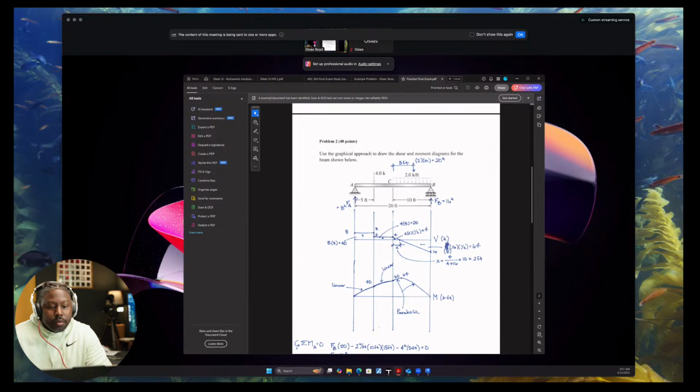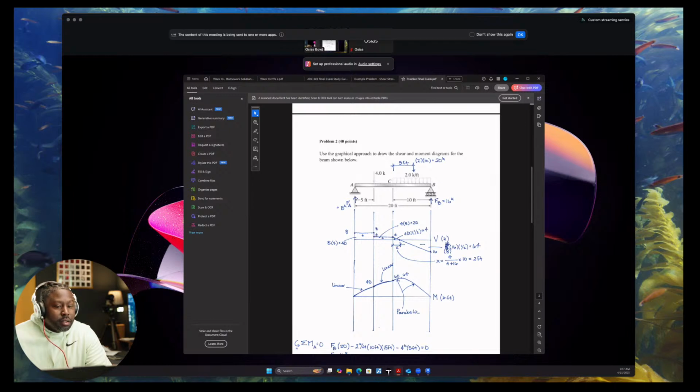Okay, so it pushes down, so it causes a clockwise moment about A, positive 20. And then distributing the 2 kips per foot, we got 2 kips per foot from 10 feet to 20 feet.